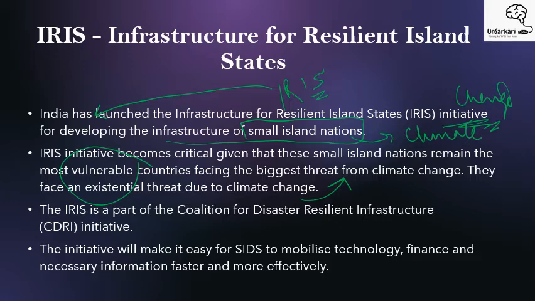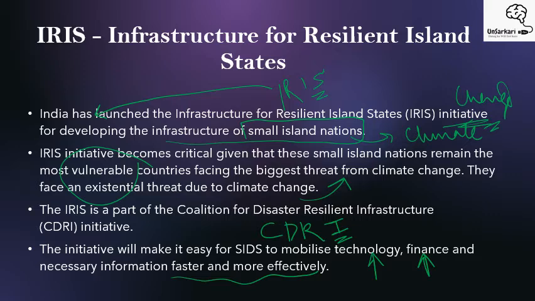So IRIS is part of the Coalition for Disaster Resilient Infrastructure. I repeat, CDRI, Coalition for Disaster Resilient Infrastructure. This initiative will make it easy for SIDS to mobilize technology, finance and necessary information in a faster and more effective way.